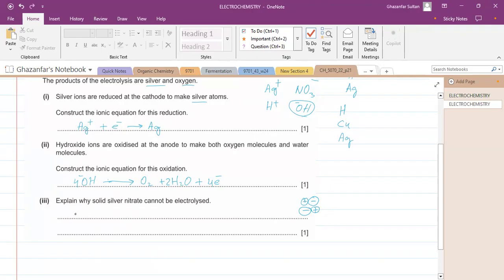So the reason is because solid silver nitrate ions are not mobile, or you can say ions cannot move. So that's why it cannot be electrolyzed.